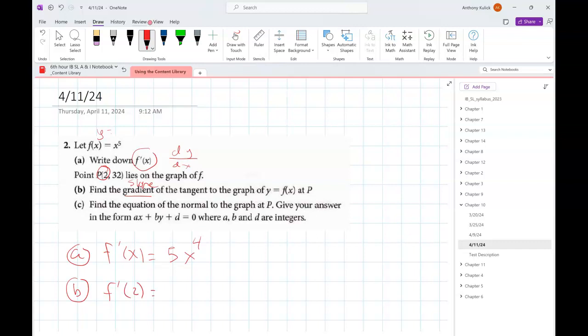Plug 2 into the derivative. That's it. So that's 2 to the 4th is 16. And 5 times 16 is 80. Everybody's good?